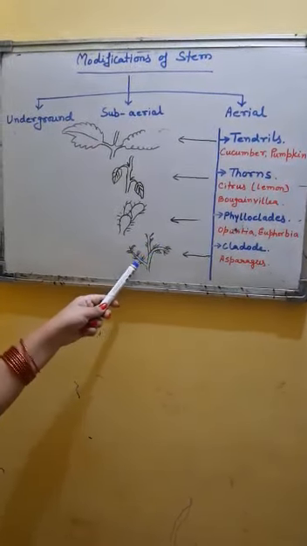The next part we are going to study today is leaf. Leaf is the most important vegetative part of the plant as it carries out the function of photosynthesis. Leaves are green in color because they contain the photosynthetic pigment called chlorophyll.